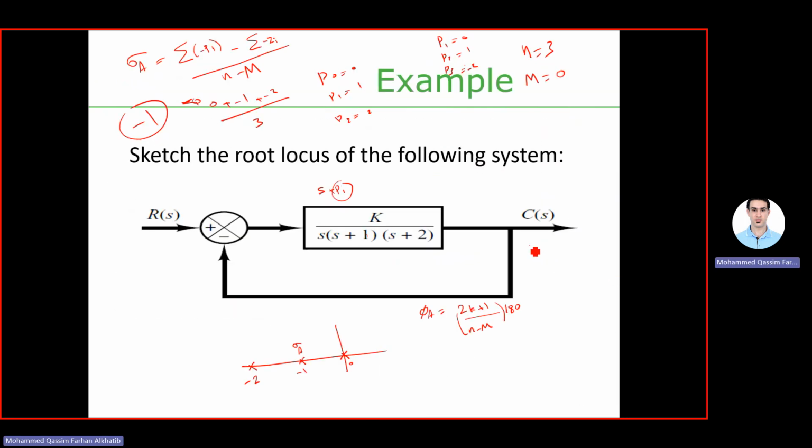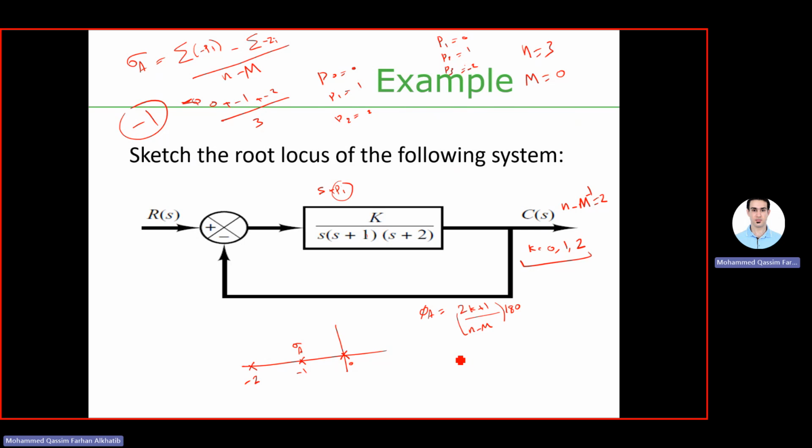What will be the values of k? I have n minus m equal to 3, so k goes 0, 1, 2, that is, n minus m minus 1, from 0 to 2. Yeah, I did it here right, but I put it like n minus m should be 3, minus 1 should be 2.